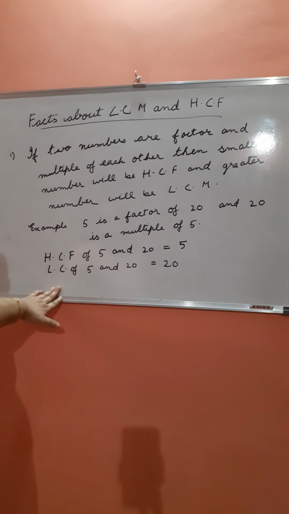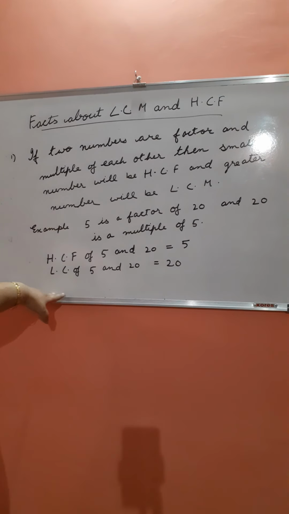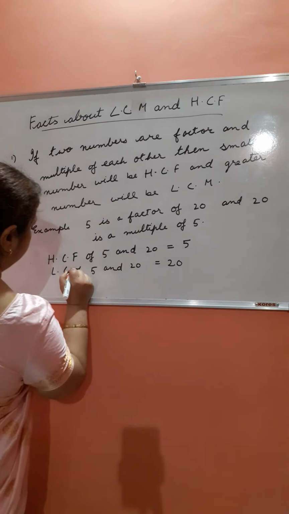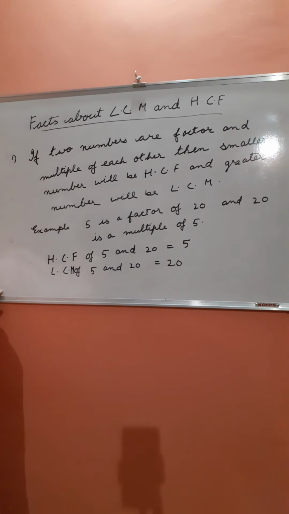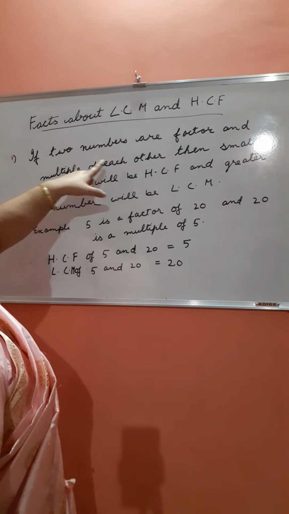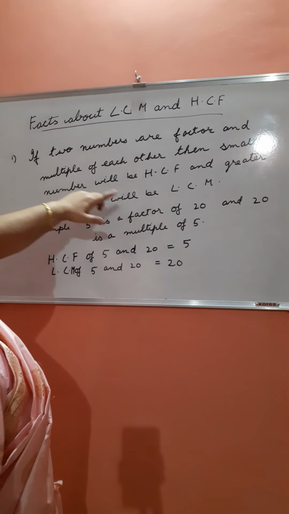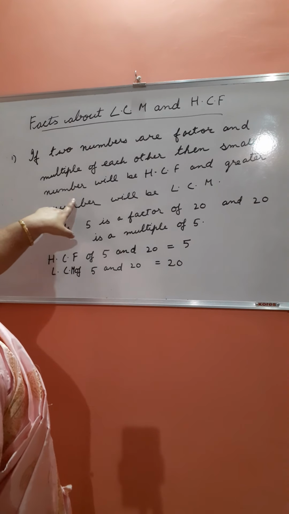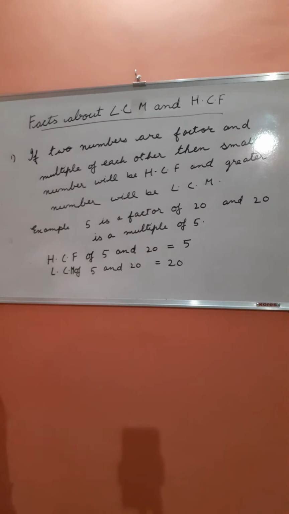You can find out HCF of 5 and 20 and LCM of 5 and 20. Okay. So if the two numbers are factor and multiple of each other, then the smaller number will be HCF and the greater number will be LCM.